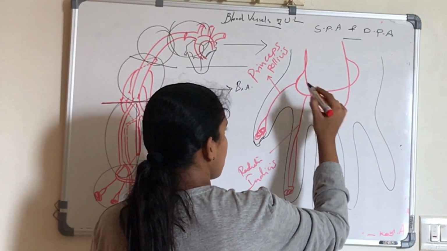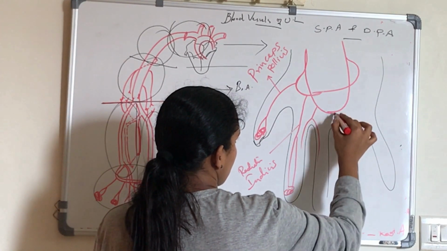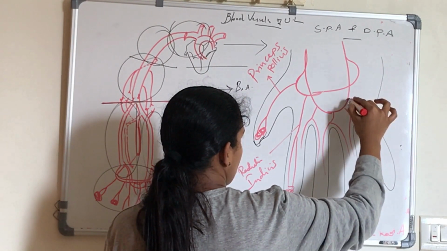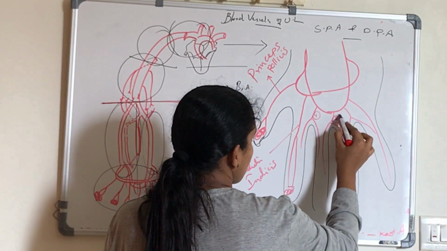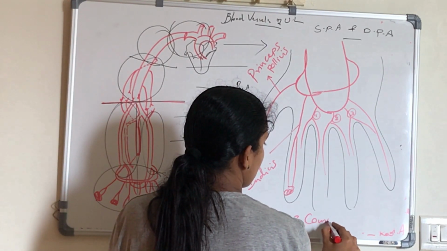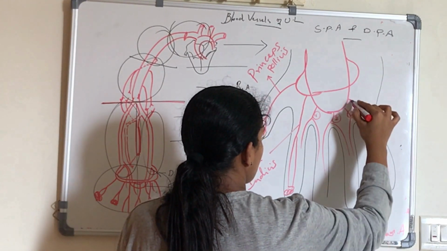Now we have three common digital arteries from the superficial palmar arch and one proper digital artery. These three common digital arteries supply adjacent sides of the index, middle, ring and little fingers.